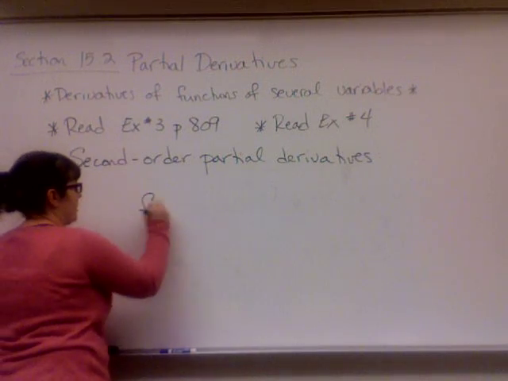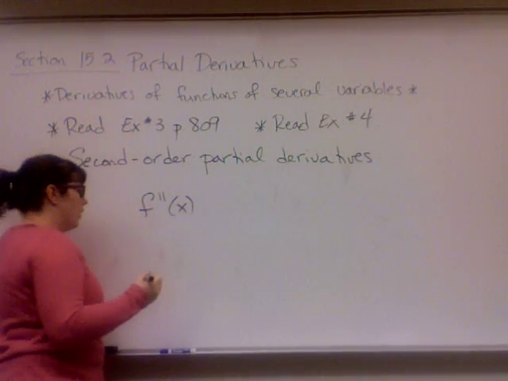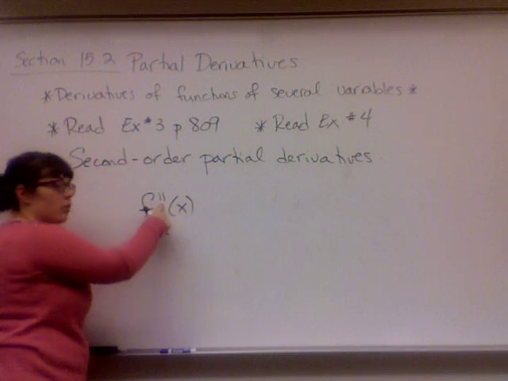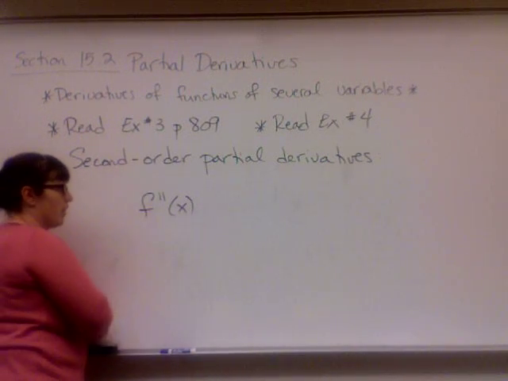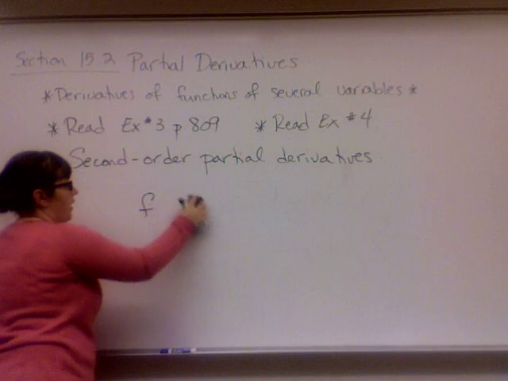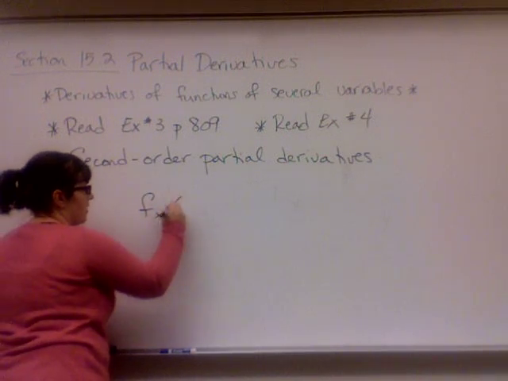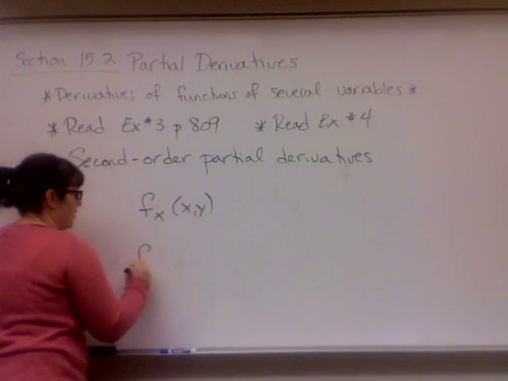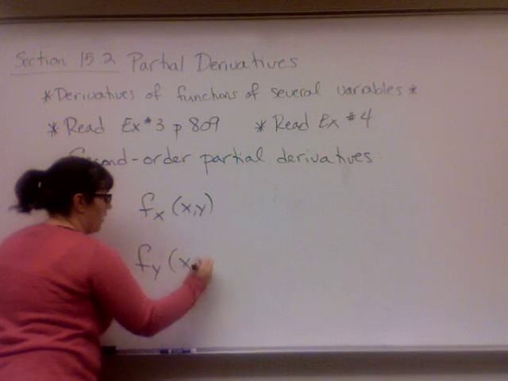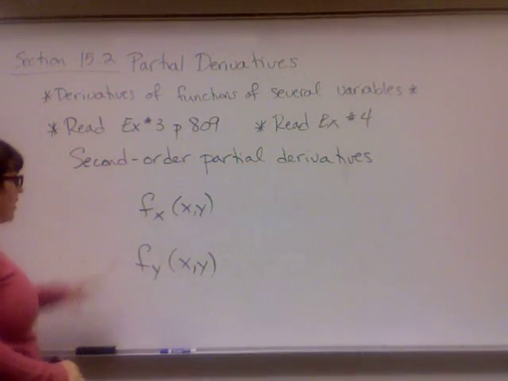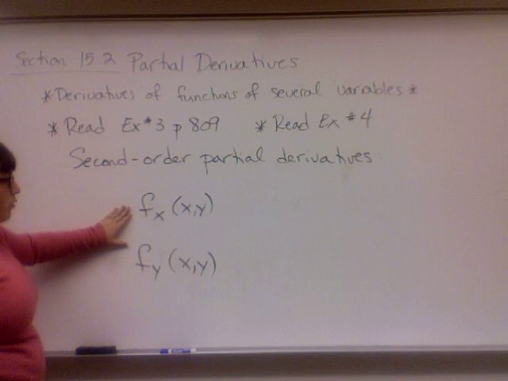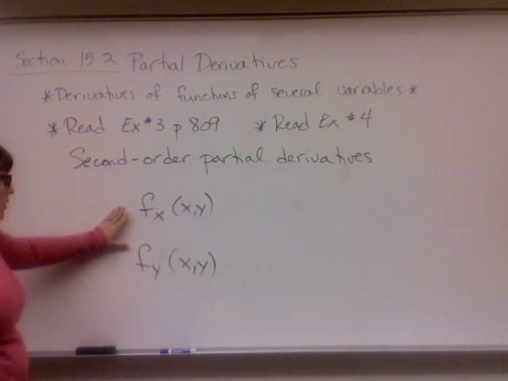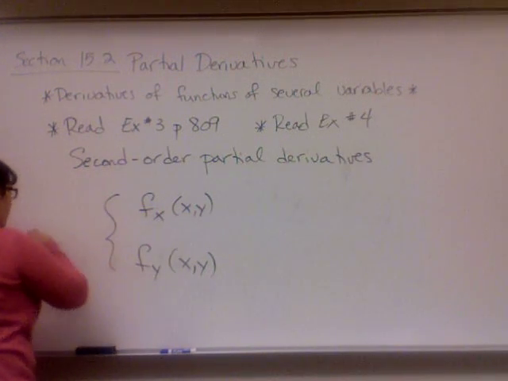You would see something like f double prime of x. Again, we can't use the tick notation because we have more than one independent variable now, right? So far we've had to use something like f sub x of xy or f sub y of xy, right? So these are what are called the first order or first partial derivatives here. These are the first partial derivatives.